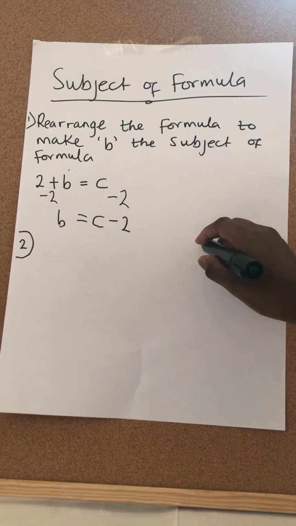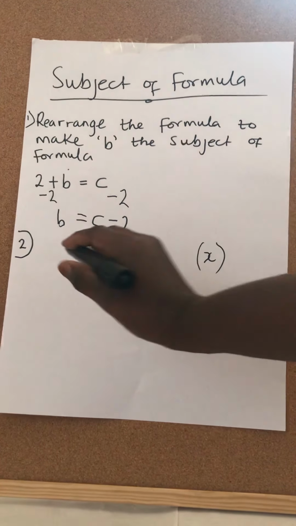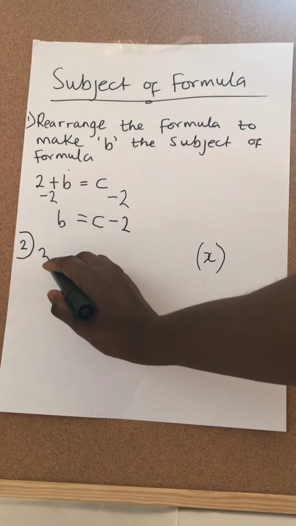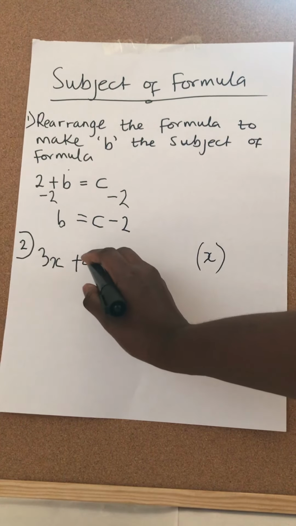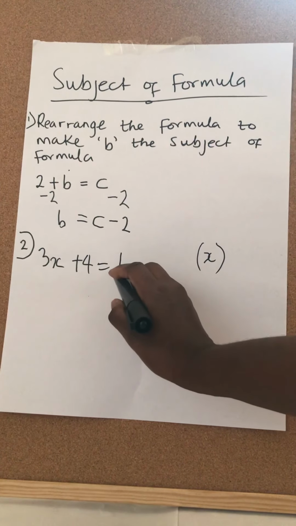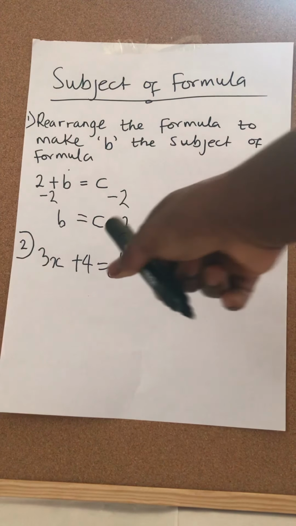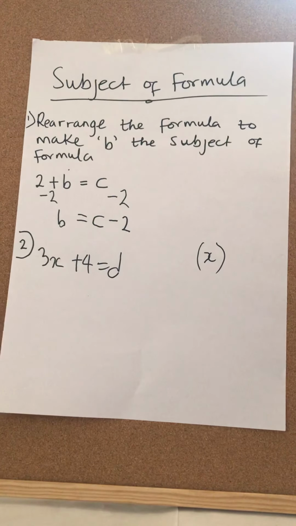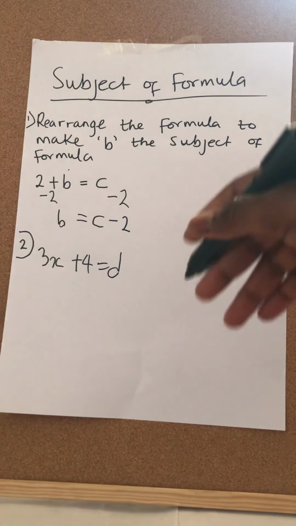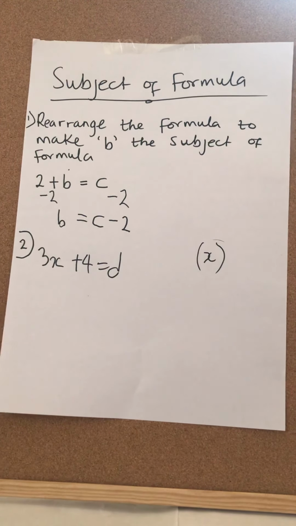So here, we need to make x the subject of formula from this equation. 3x plus 4 is equal to d. Make x the subject of formula. We don't need to write rearrange the formula, make the. We don't need to write that. We just put what we need to make the subject of formula in a bracket, or we use inverted commas.